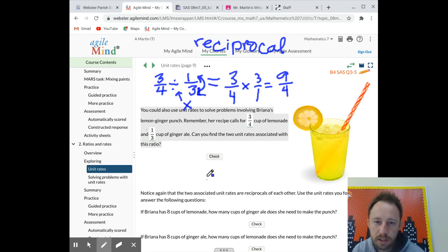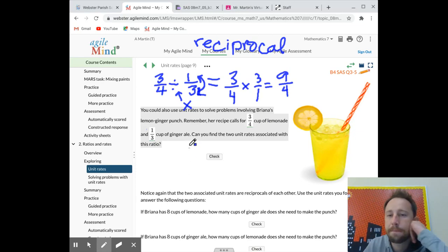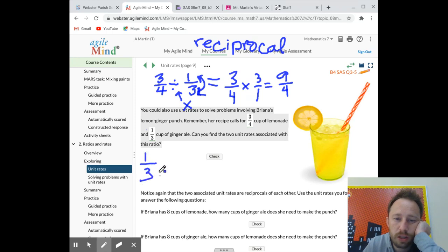Okay. So let's see how we can figure out how many cups of ginger ale you need for 1 cup of lemonade. What would I have to do? Divide. Correct. So this time, though, I'm starting with what instead of 3/4? 1/3. Good. So I'm doing 1/3 divided by 3/4.